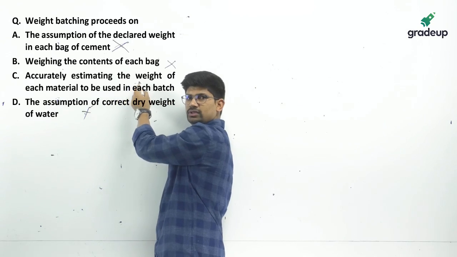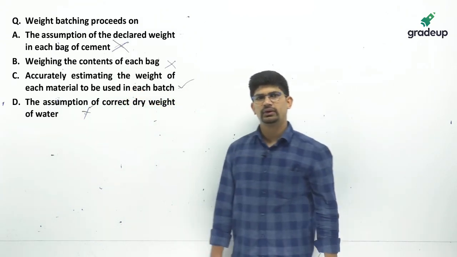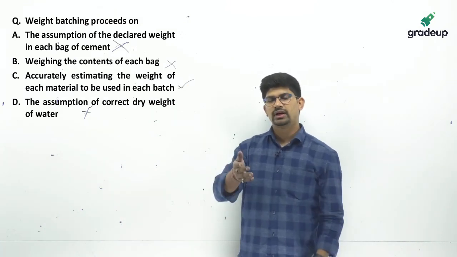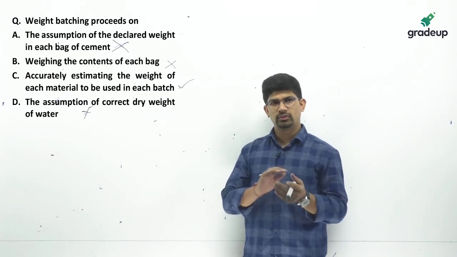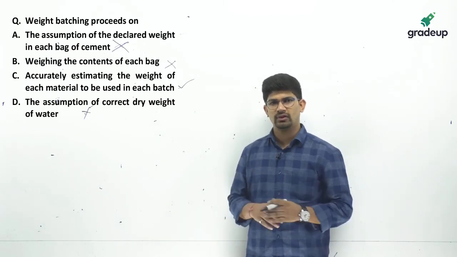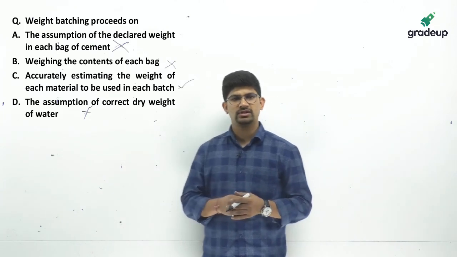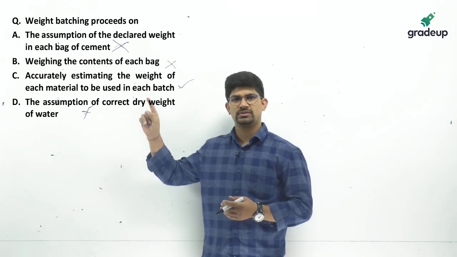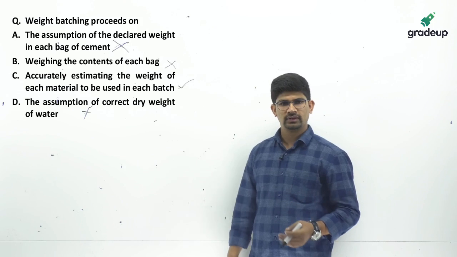So the answer to this is C, accurately estimating the weight of each material to be used in each batch. That's why we are preferring weigh batching over volume batching, because in volume batching we have to take care of the bulking of sand. That will bring inaccuracies to the batching process. So here we are using weigh batching because it accurately estimates the weight of each material to be used in each batch.